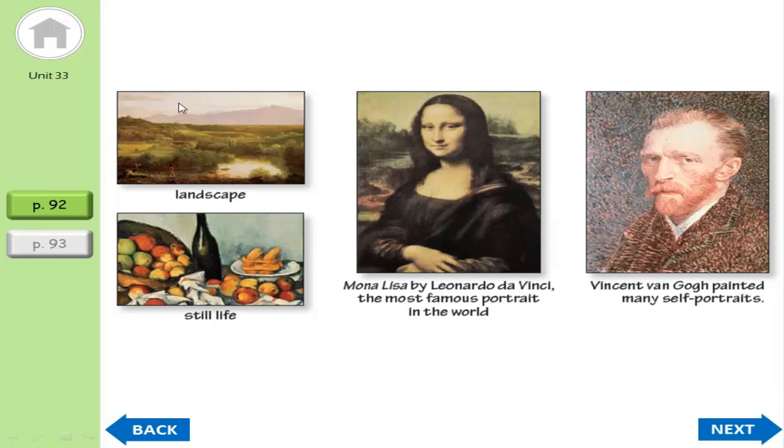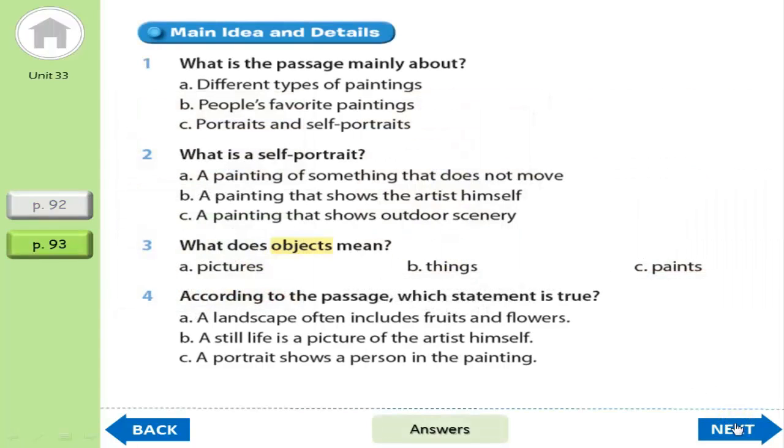So we have different pictures. The picture that paints a person, we call a portrait, and the picture that paints things that cannot move, like the bottles and the fruit, we call a still life. Okay, now continue to the next page.